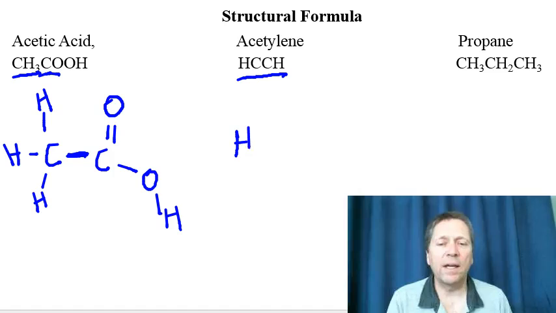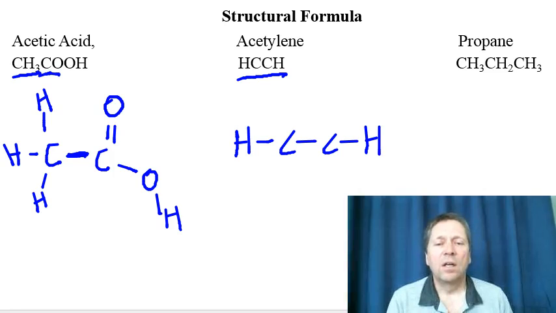If we were to write H, C, C, H, well, we'd nearly be there. We've got the right number of elements, but the carbons don't have 4 bonds. Okay, we've got a problem. The carbons don't have 4 bonds yet.